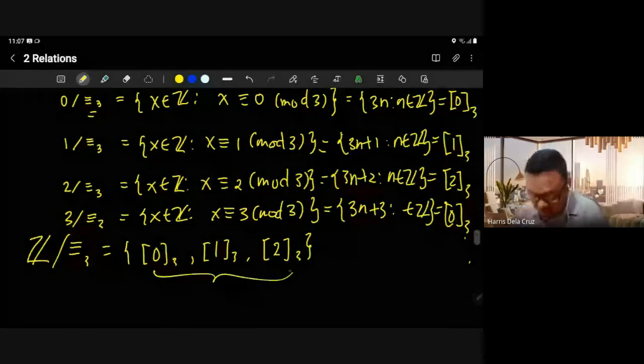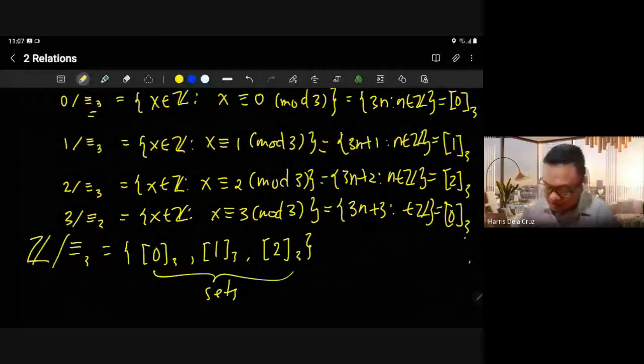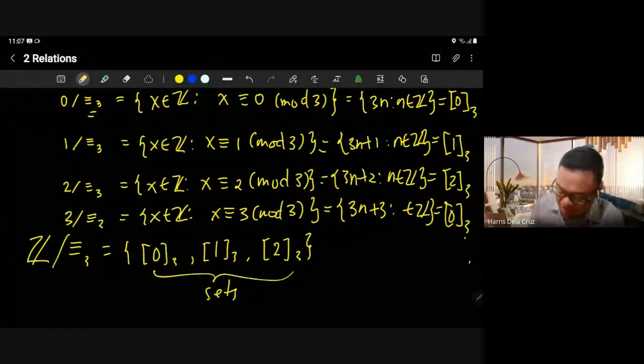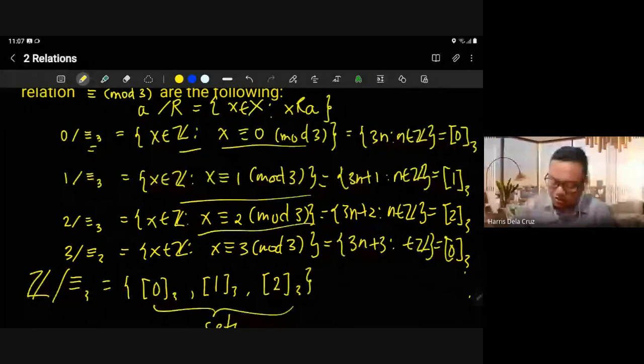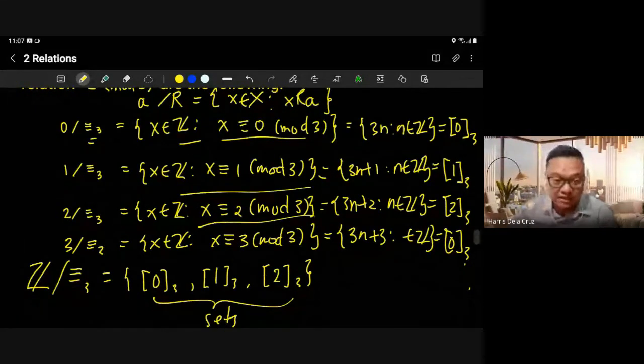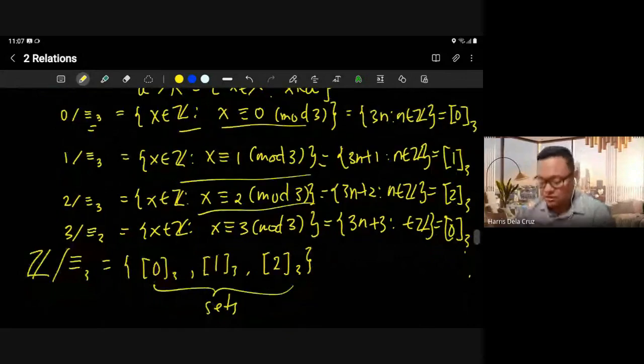These are sets ha. Huwag malito. These 3 are sets. Itong tatlo na to, set yan. Set 0, set 1, set 2. Uulit na siya, kaya tatlo lang yung distinct. Kasi uulit na. So we have 3 distinct equivalence classes.